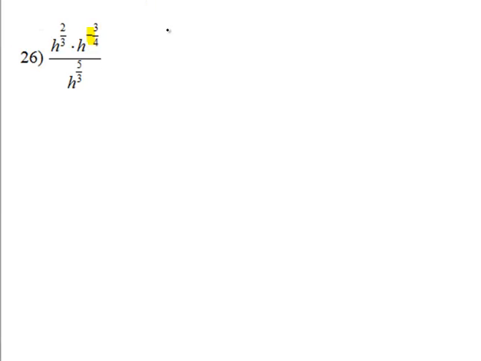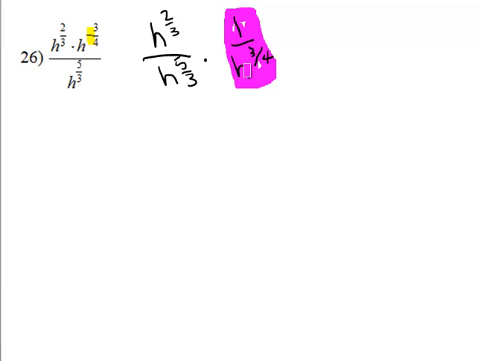So all of a sudden I have h to the 2/3 over h to the 5/3 times 1 over h to the 3/4. The reason I'm splitting this up into two different fractions is because I want you to see there's an easy way to do this. For now, I'm going to leave this one alone and come back to it and concentrate on this one.